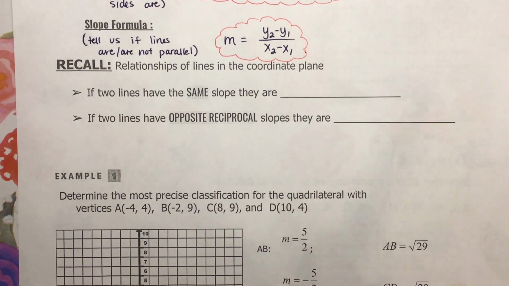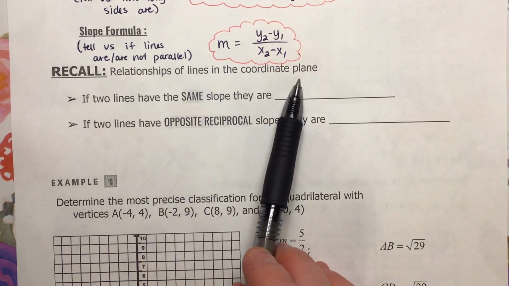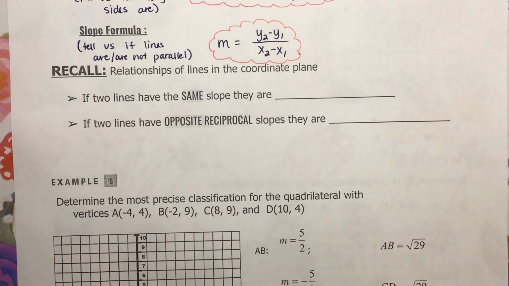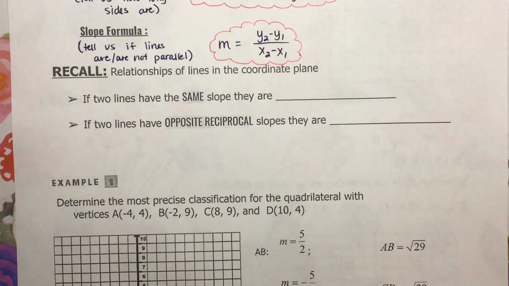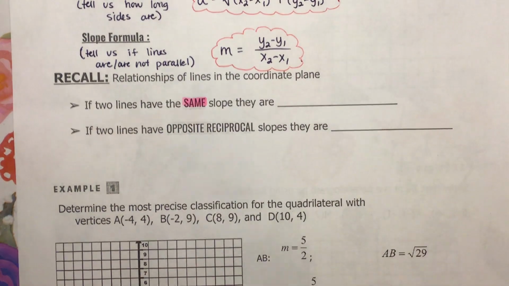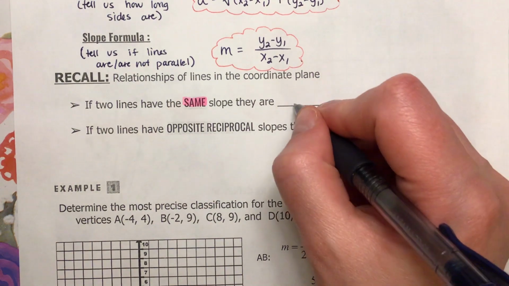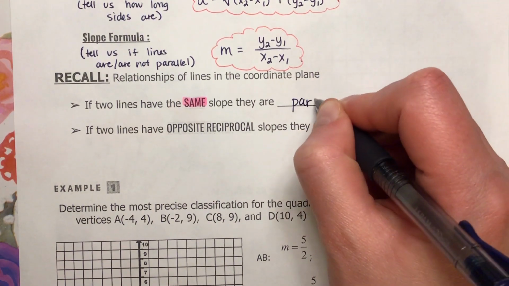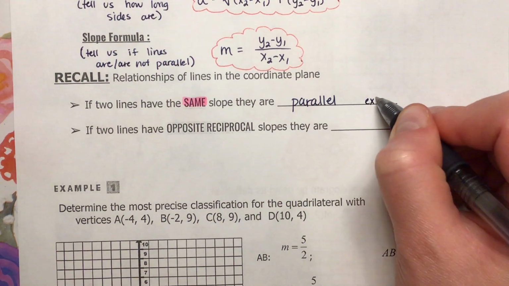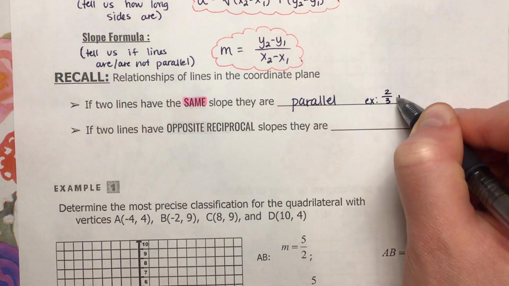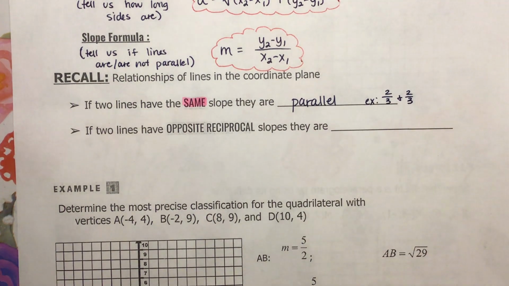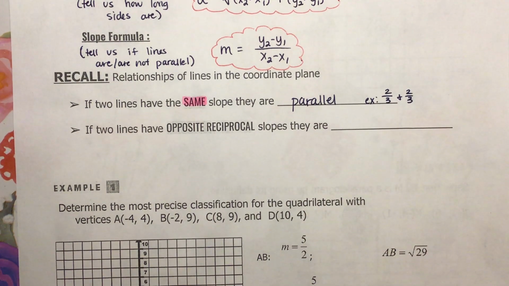And what I'd like for you to recall is relationships of lines in the coordinate plane. If two lines have the same slope, meaning they're going in the same direction, then that means they are parallel. So for example, if two things have the slope of 2/3 and 2/3, those lines would be parallel because they're going in the same direction.